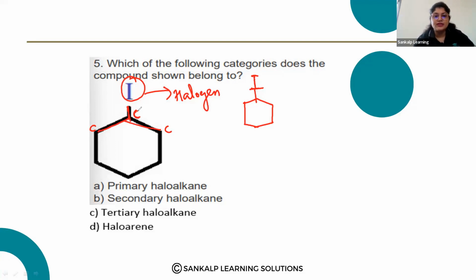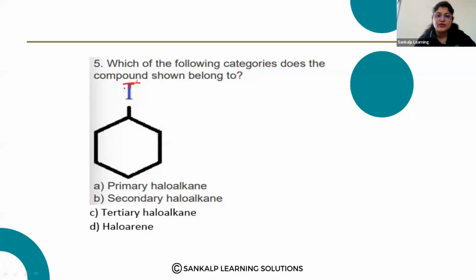So the halogen atom is directly linked to one R group. Don't go for so much detail. The halogen atom is linked to one R group, one alkyl group. So what is it? It is a primary haloalkane. So option A is the right one.